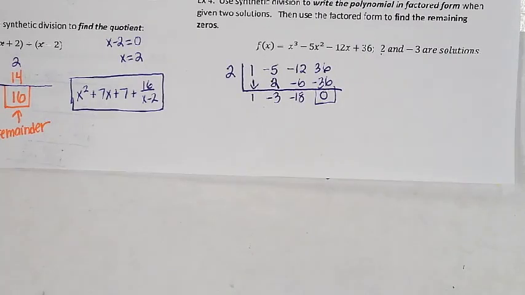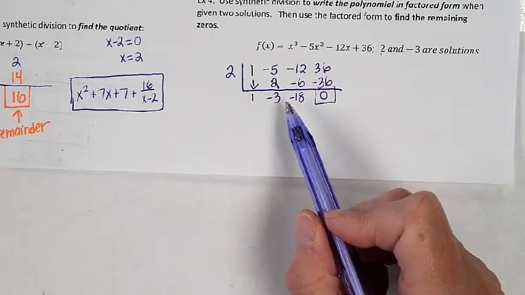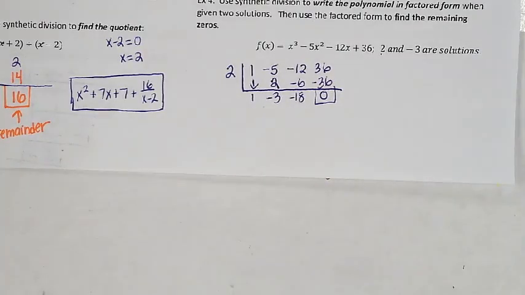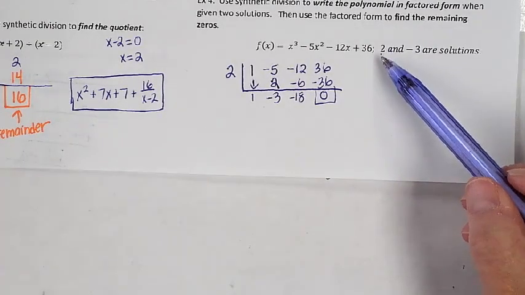So you'll show that in a 1, negative 3, and negative 18. So once I factored out 2, that would be the factor x minus 2. We would be left with x squared minus 3x minus 18.